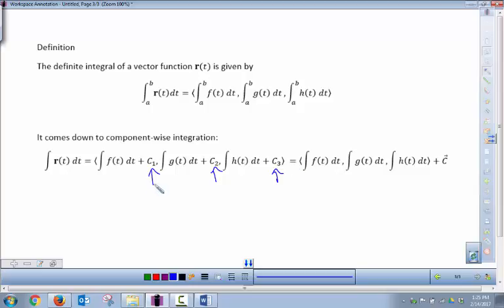And there's two choices to deal with that. One is to literally just put each of these constants for each of these slots as you integrate it. The other way to do that is to write and collect your arbitrary constants as one vector.